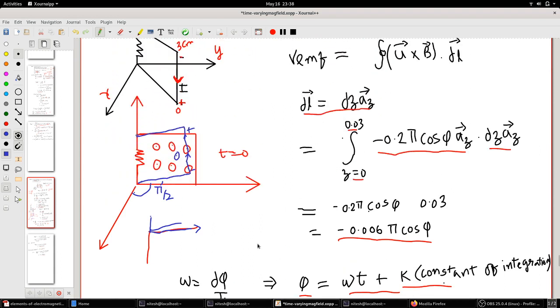Whereas in the scenario when the loop is in this quadrant, it started from the loop being here, and it was 0 because no field was hitting this loop when it is in the XZ plane. Now it starts rotating in this direction.